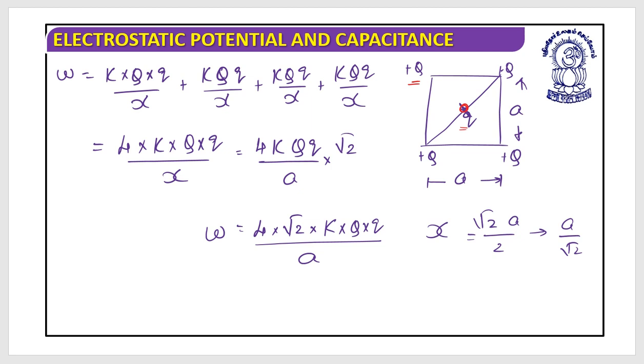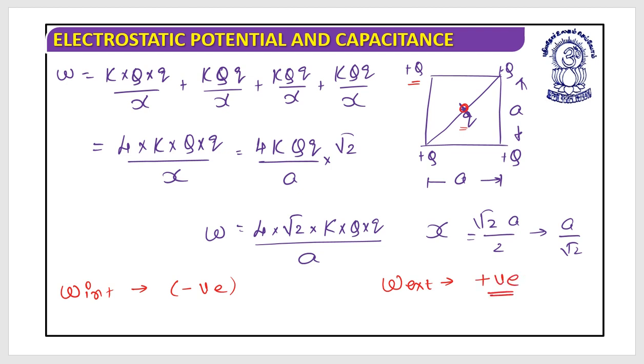Even though the force of repulsion is there, the particle has come nearer, because initially it was at infinity and now it is at the center. So work done due to internal force should be negative, and in the same way work done due to external force should be positive.